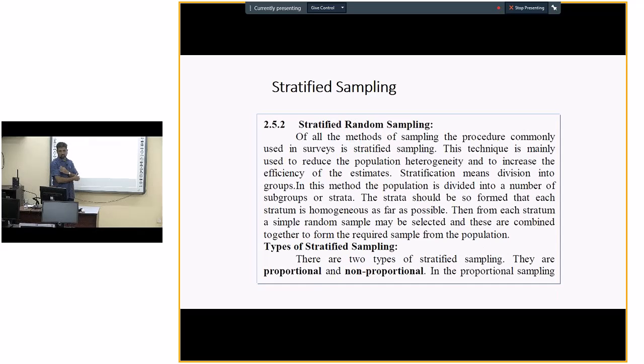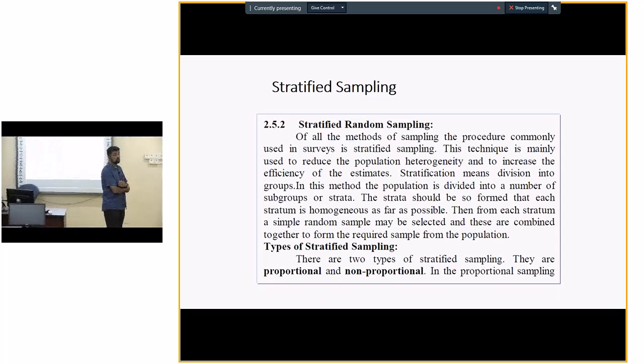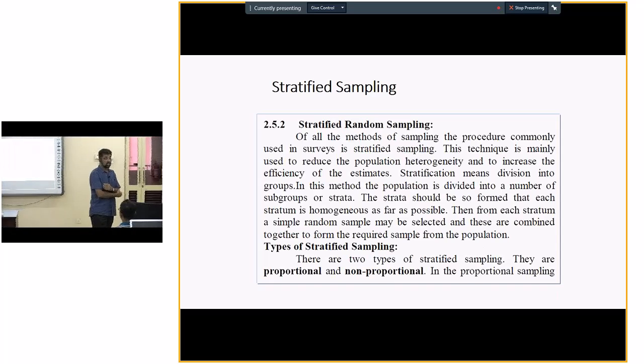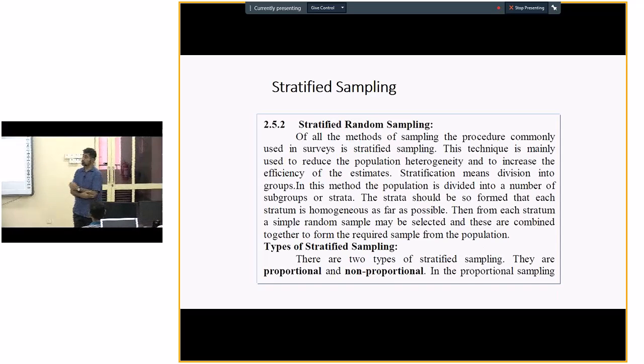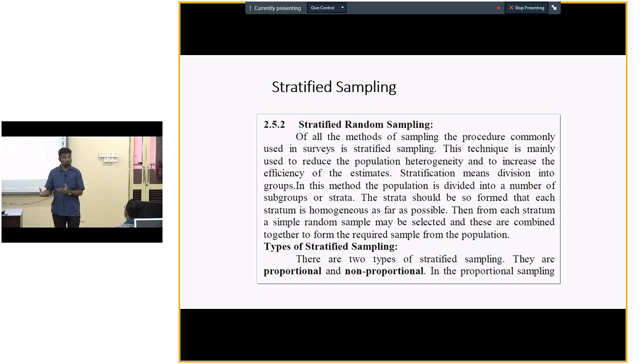Then the next one is stratified random sampling. Stratified means, first of all, we have to identify the strata. What are the main issues of this random sampling method? We may see only one or two categories.